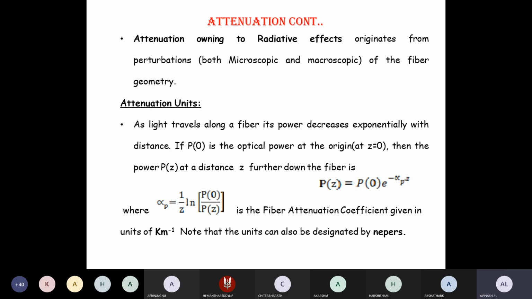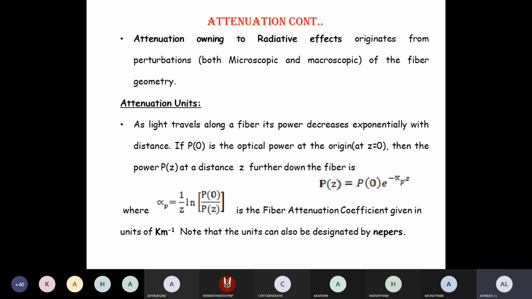Macroscopic means you can see it, though it will also be very small. What exactly happens with these imperfections? Let us consider a small hole. If the ray hits that particular part of the fiber, the wave will come out of the fiber. That is called perturbation, microscopic as well as macroscopic.